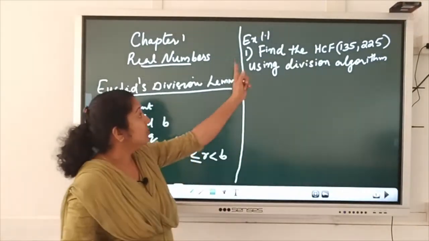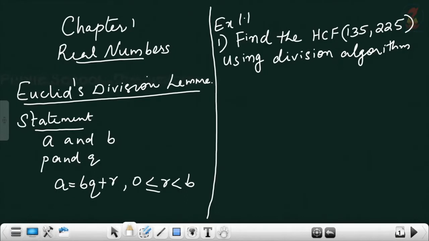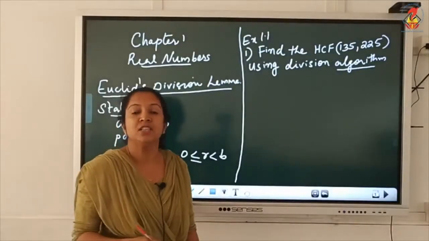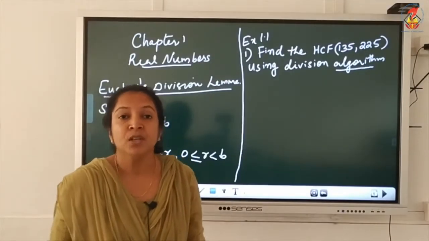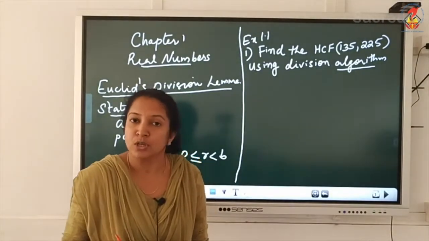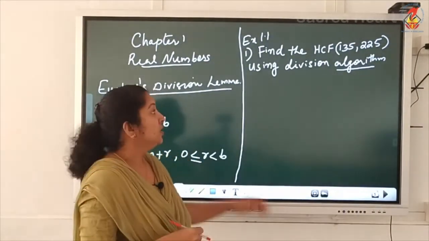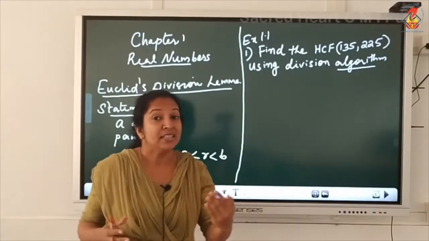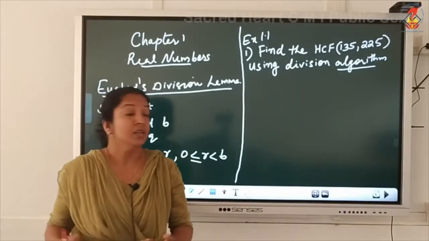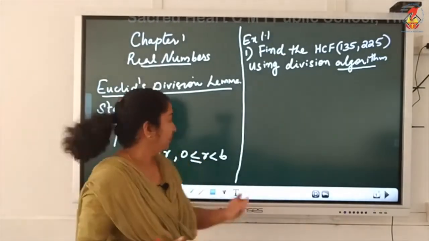The first question is exercise 1.1. First question, find the HCF of 135 and 225 using division algorithm. An algorithm is a well-defined set of steps which we use to solve a problem.